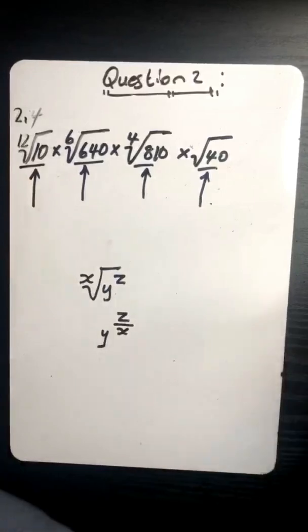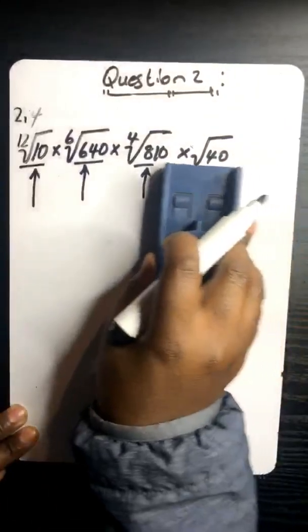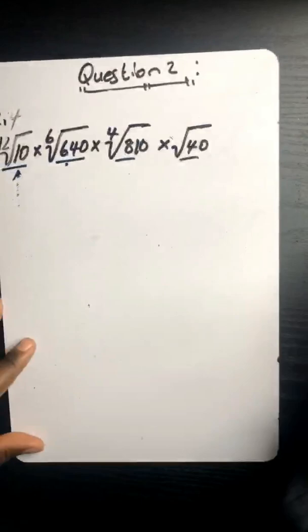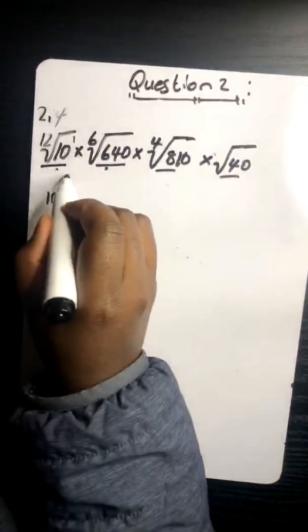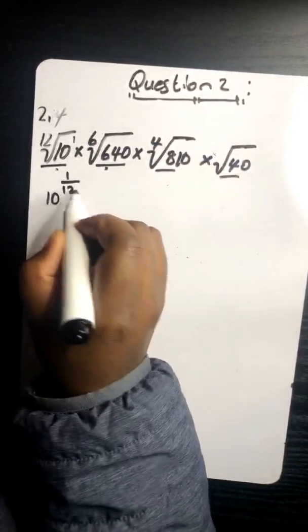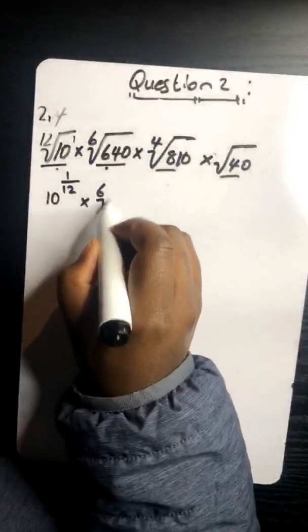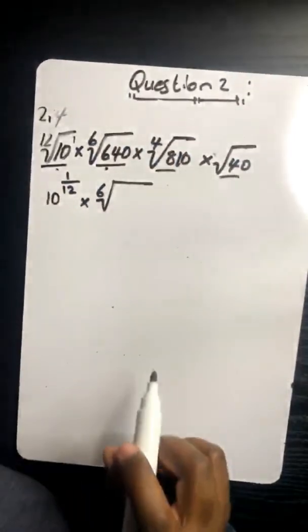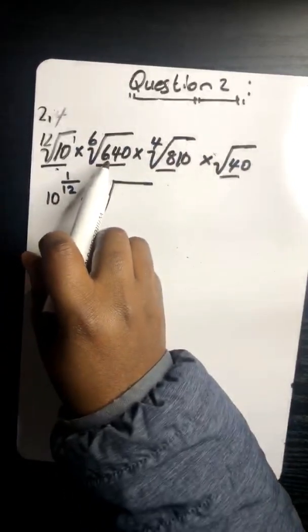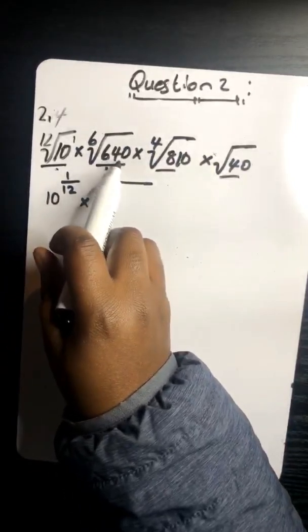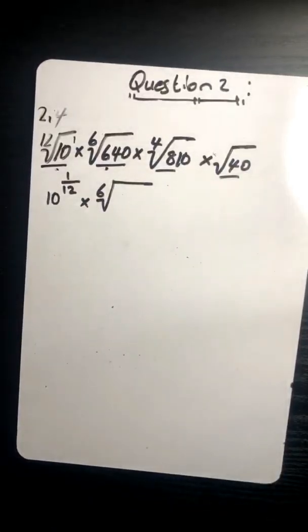So if I apply that rule there, this thing is the same as 10 to the exponent of, there's an invisible one there, so it becomes the numerator, and then over that 12 multiplied by, then you work out this one. So you can just in the meantime be having that and try to find out what two values can give you 64. You can just use your calculator to try and find those values.